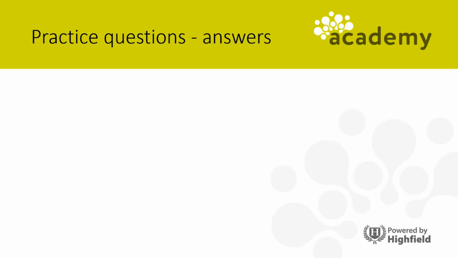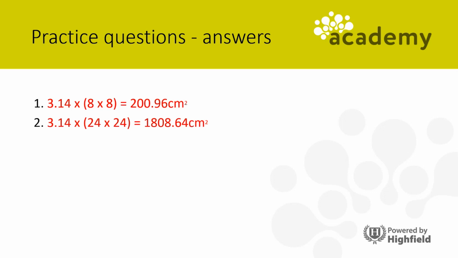Did you get them right? First question, the answer is 3.14 times 8 times 8, which is 200.96 centimeters squared. The second one is 3.14 times 24 times 24, which is 1,808.64 centimeters squared.